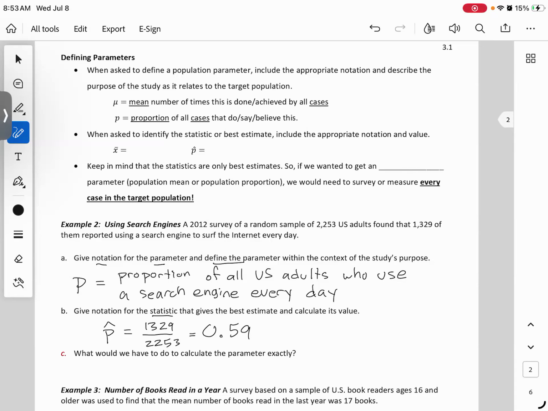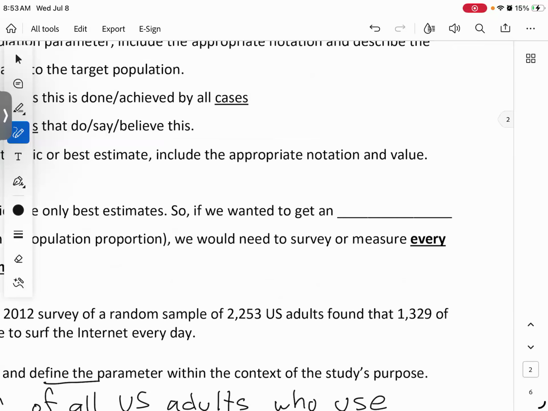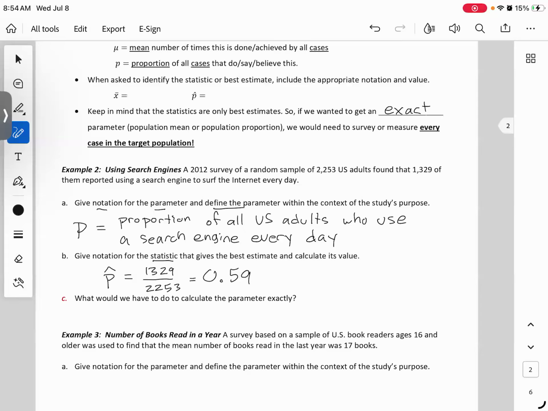The only way that they could ever get it to be exact, like the perfect answer, is that you would need to, what they would have to do if they wanted to get an exact value is go and survey every single person.